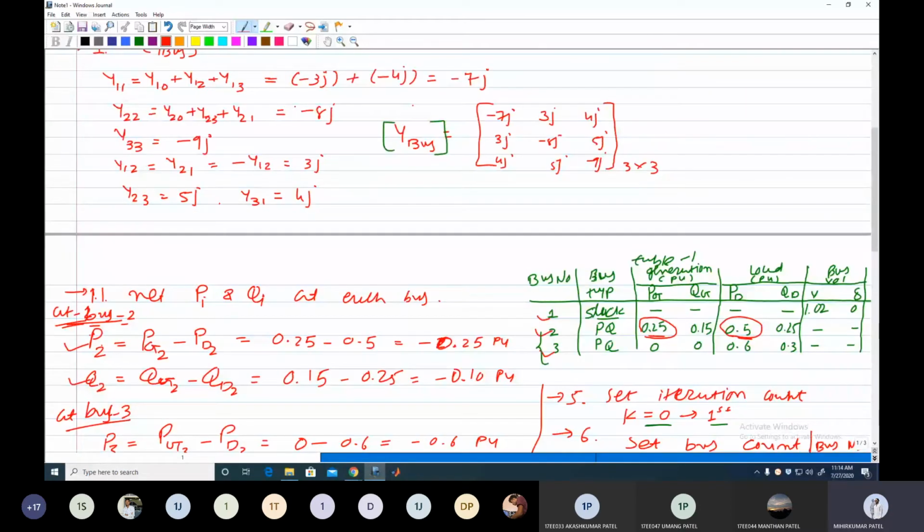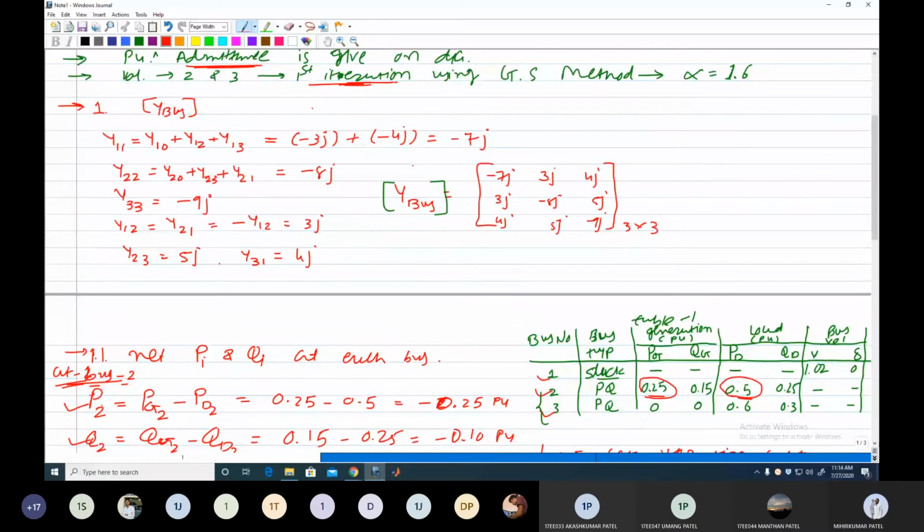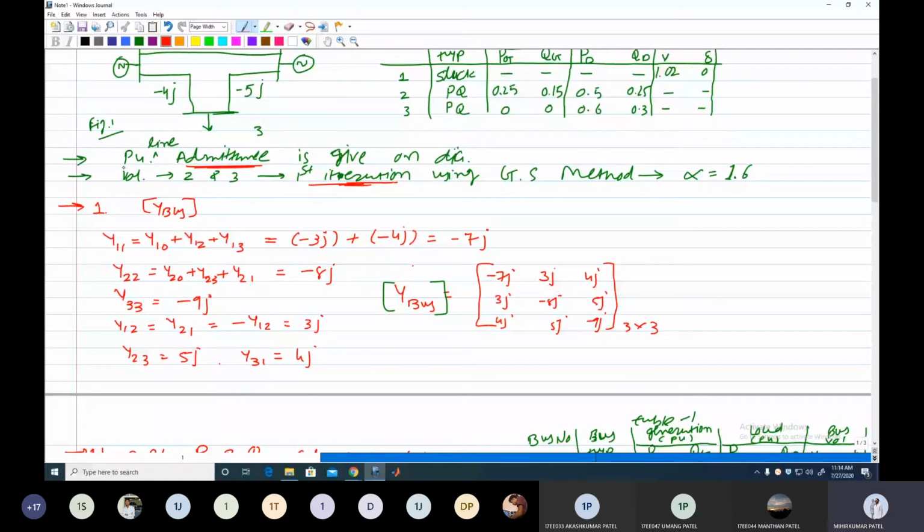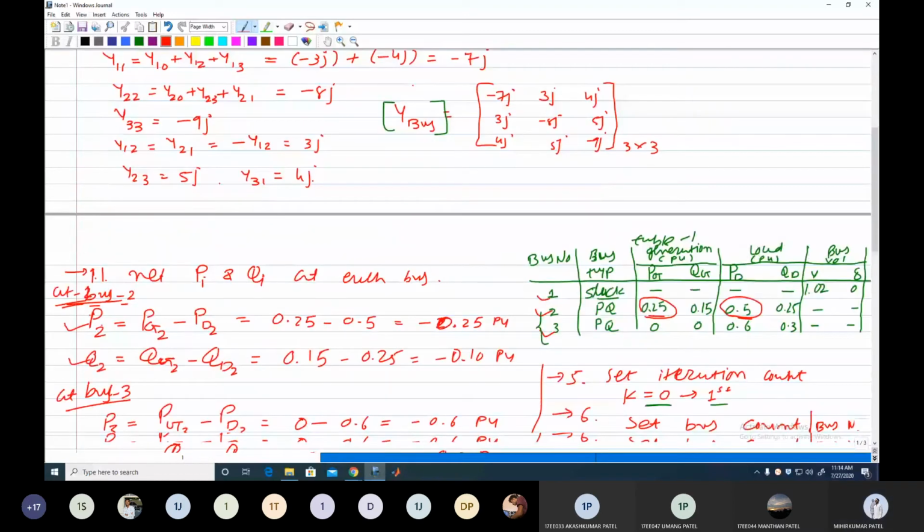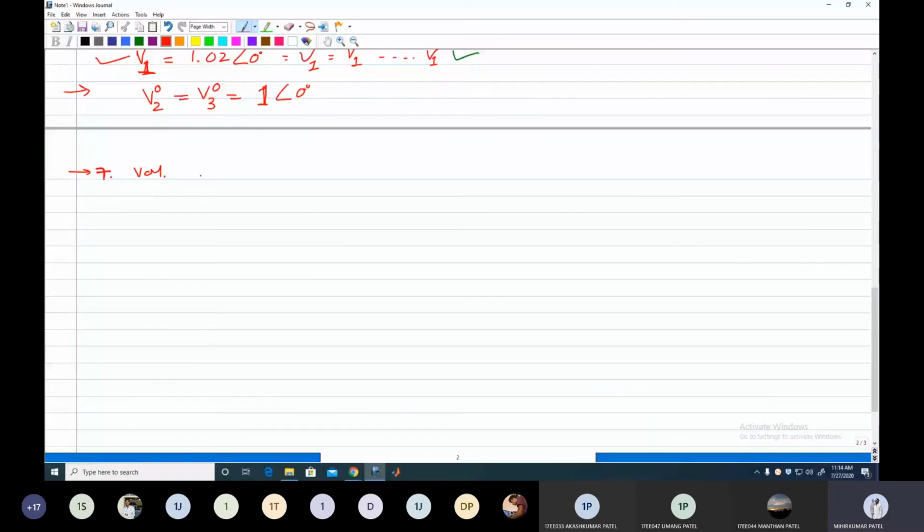Just look over here. In the data, they have already asked us to calculate the voltages at bus number 2 and 3 after the first iteration. So in our step 7, we have to just calculate the voltage for the ith bus, I mean bus number. Here we have bus number 2 and 3 as the rest of the buses. So, voltage at bus number 2.